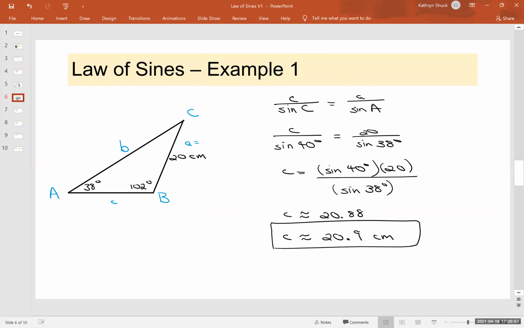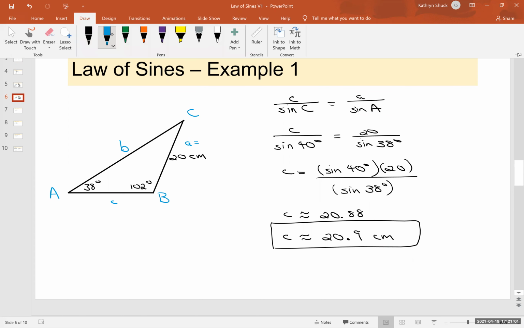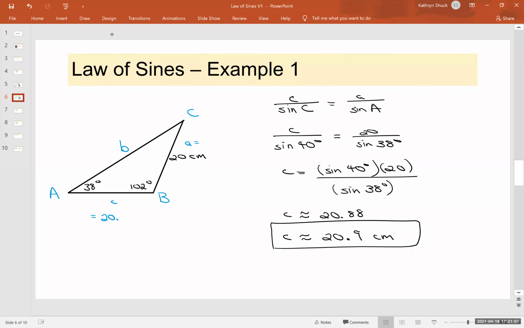Okay, so let's do one quick sanity check here. What did we actually find? We found that C is 20.9 centimeters, and we found that B is 31.8 centimeters, and we found that angle C was 40 degrees.